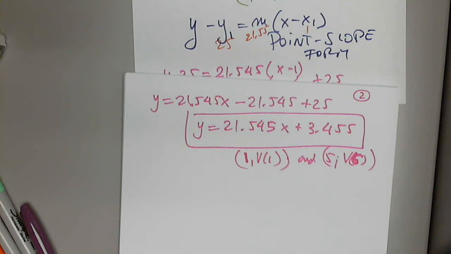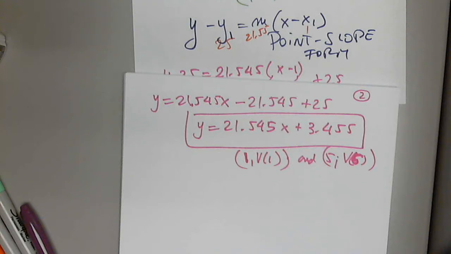So let's go back to y equals and put in a second function. The second function is 21.545 x plus 3.455.